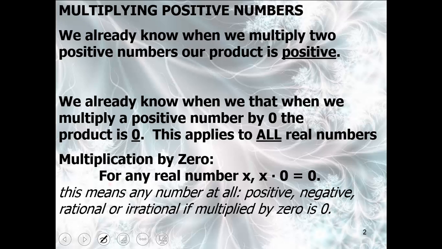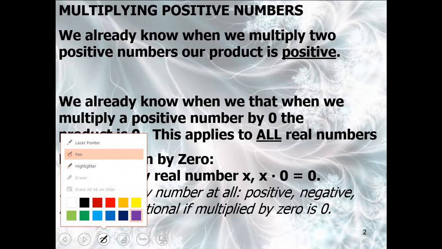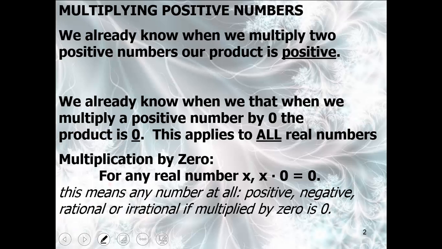When we're multiplying positive numbers, we've done that since we learned our multiplication facts. Anytime you multiply two positive numbers together, you get a positive answer. Positive times positive equals positive.